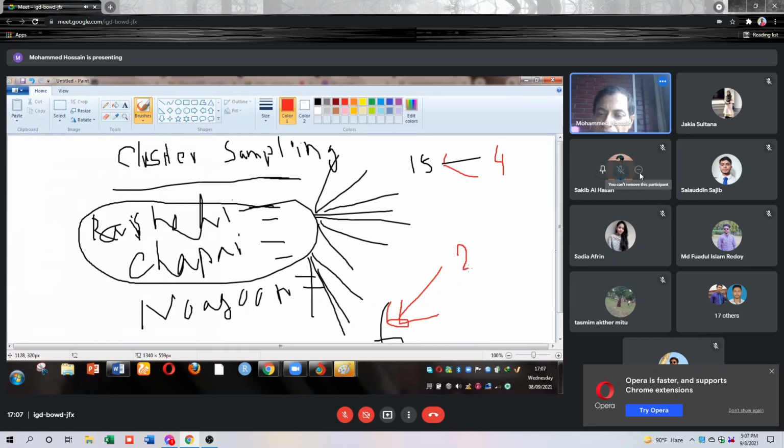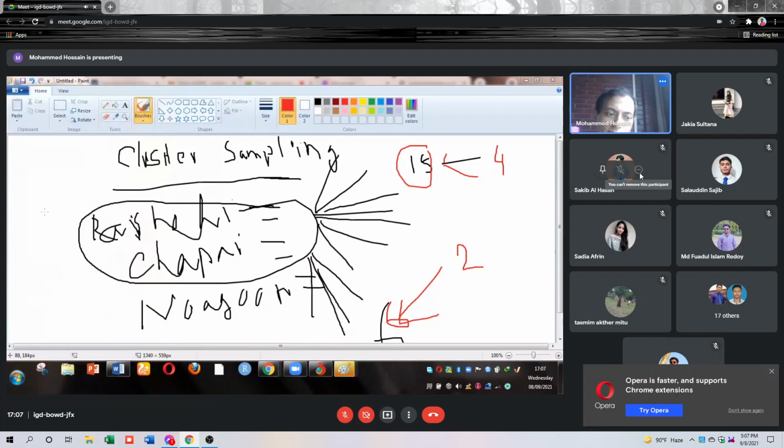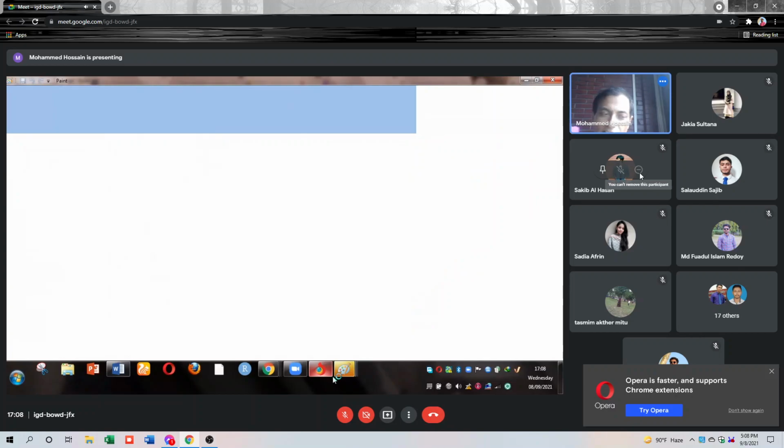Now the question: how can you select 4 upazila out of 15? Randomly, by using the simple random sampling technique.